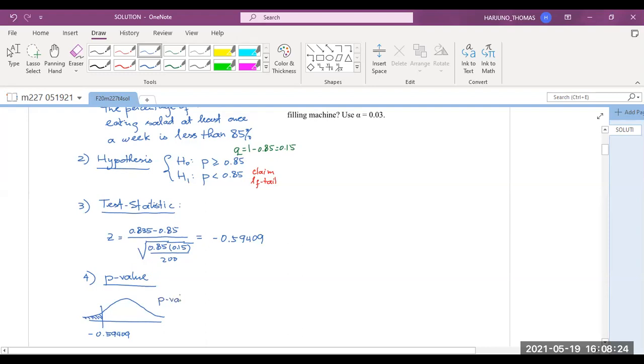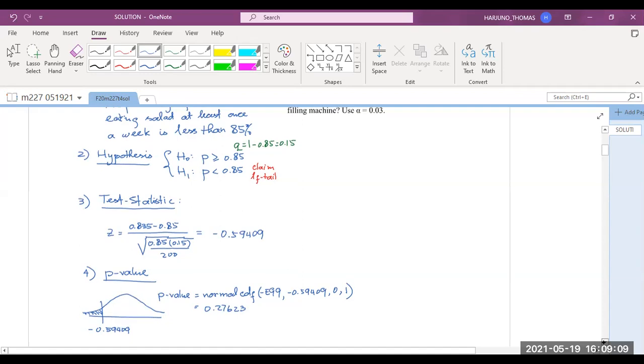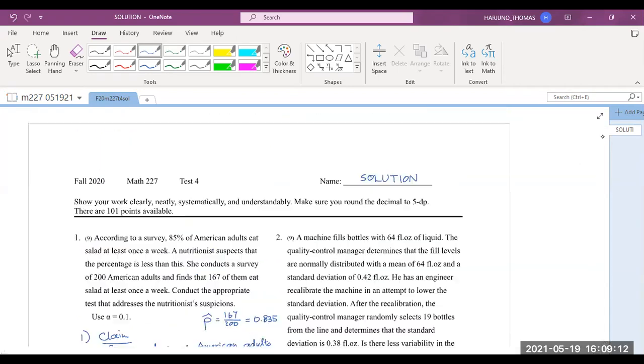That's the p-value, normal CDF from negative E99 to negative 0.5940901. That is 0.27623. That's the p-value.